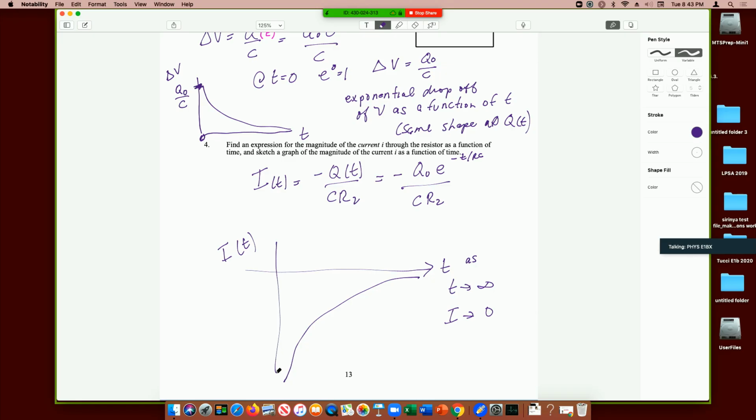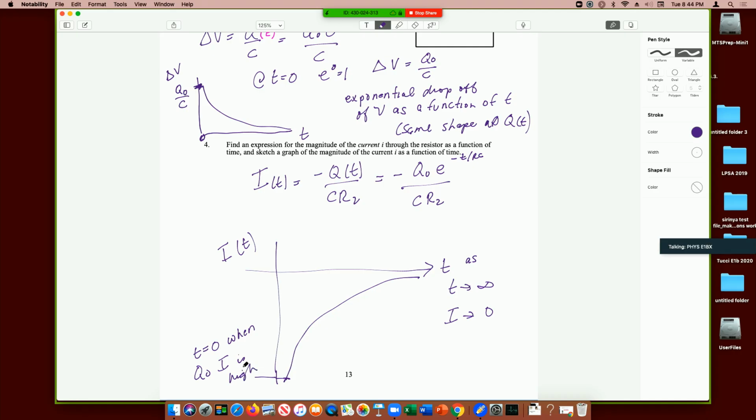The current starts out high. I mean, it's negative, but it's high. At t equals 0, when you've got Q naught, the current is high.